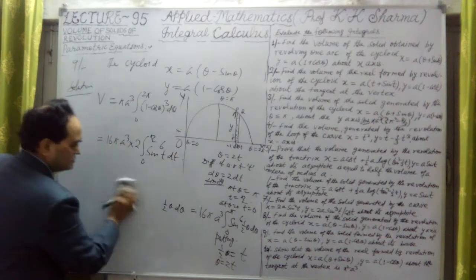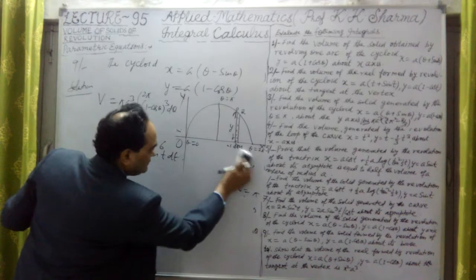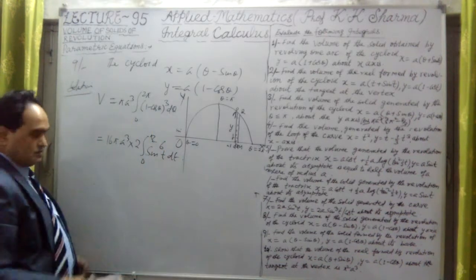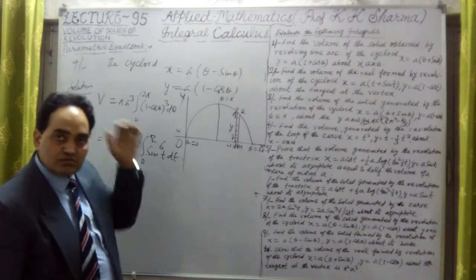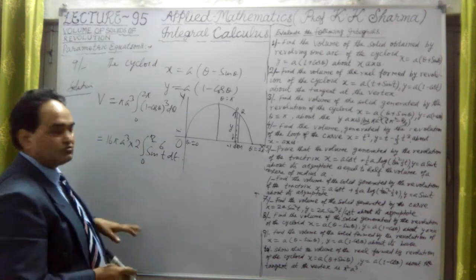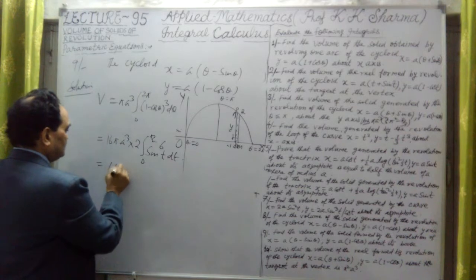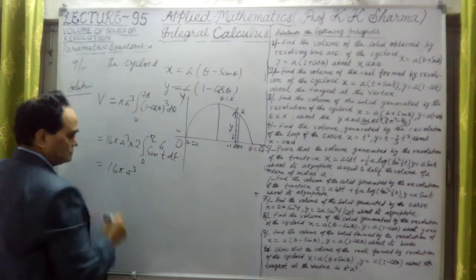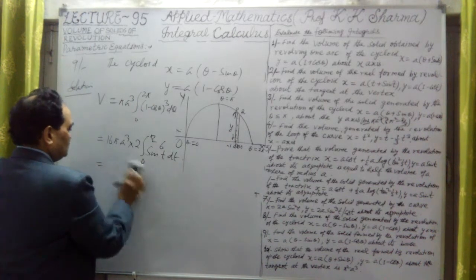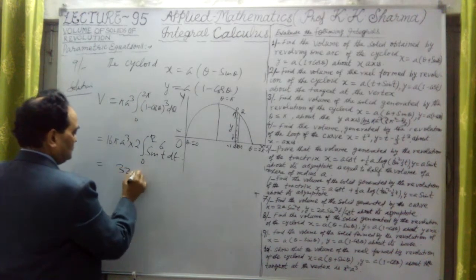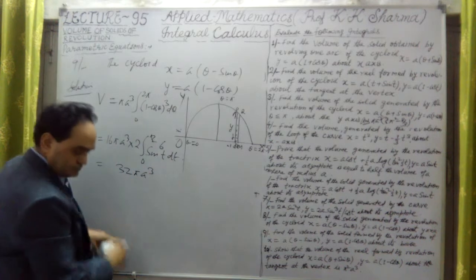Okay, now this is the value of this function. By reduction formula now we can apply, when limits are 0 to pi by 2. This is 16 into 2, 32 pi a cube.